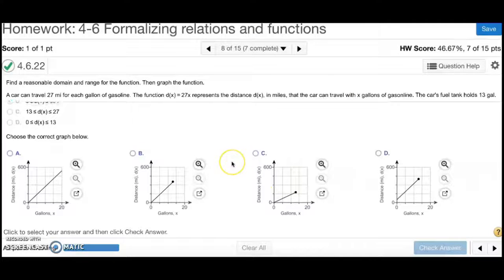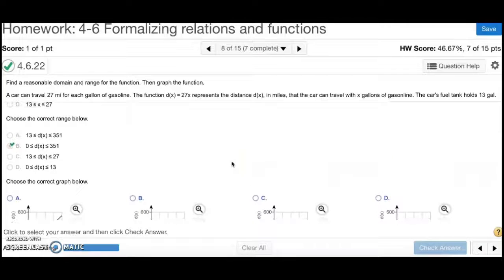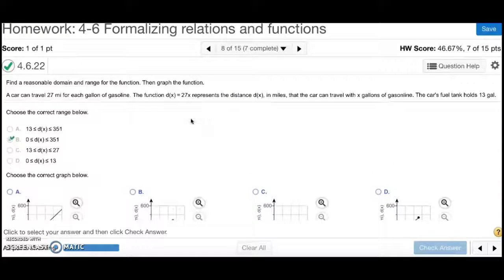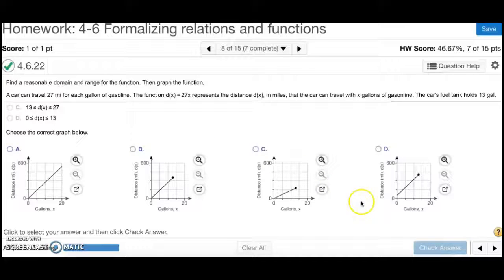Now for the graph. We know that we can have at most 351 for my highest y value. A shows you going on forever, so it can't be A. It can't be D because our domain and range, our first value is 0, 0.